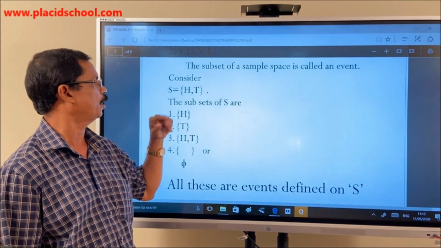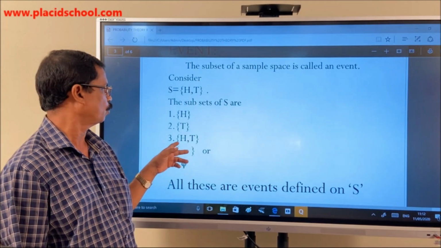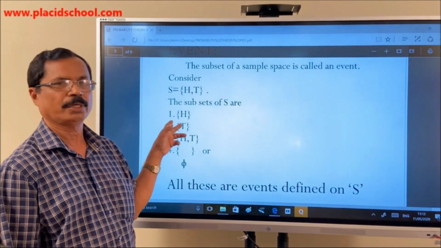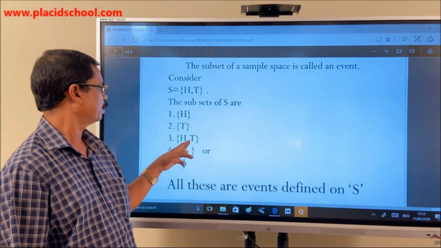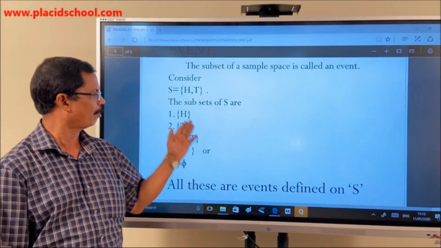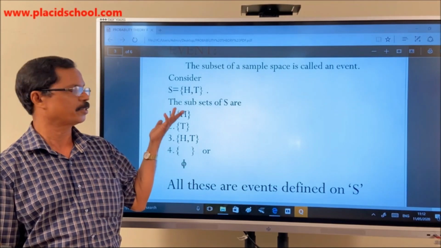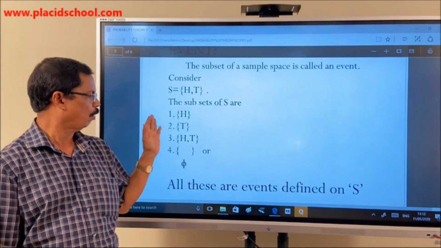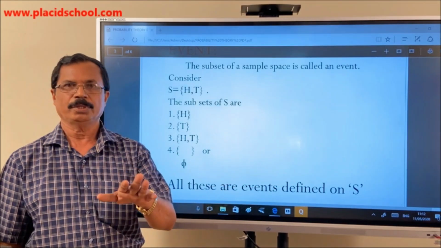H is a sample point and similarly T is a sample point. The subsets are as follows: first {H}, then {T}, third {H, T}, and fourth, the empty set. So there are four subsets. All these are subsets of S, and we call all these events. So events are very important when you deal with probability.